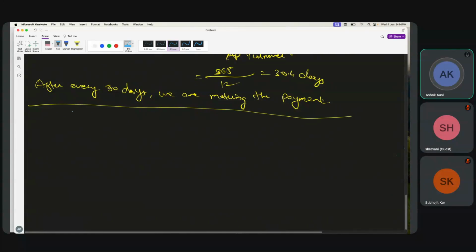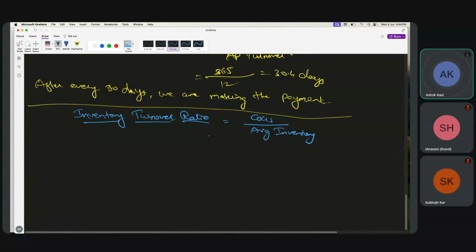Then the next one is inventory turnover ratio. Inventory turnover ratio is equal to cost of goods sold divided by average inventory. That means what?